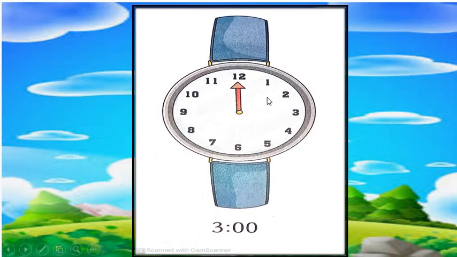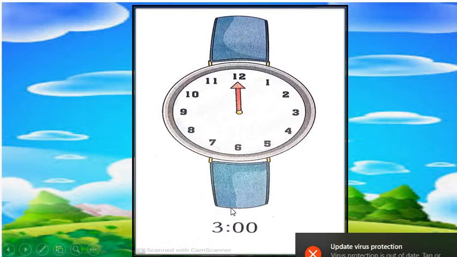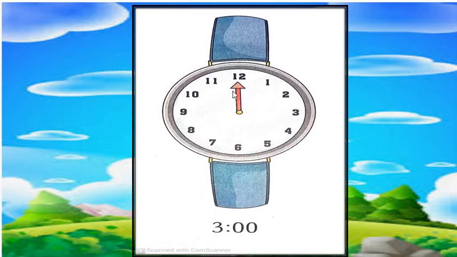So, how can we express the time? By the hour hand. As you all know, a clock has two hands, short hand and long hand.